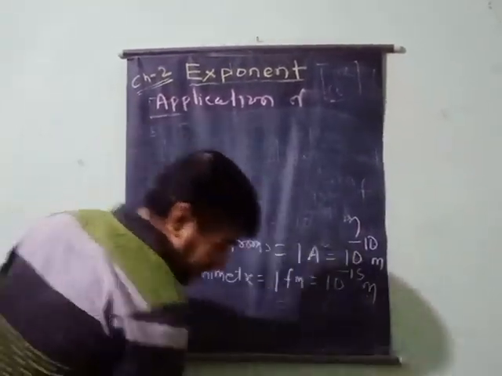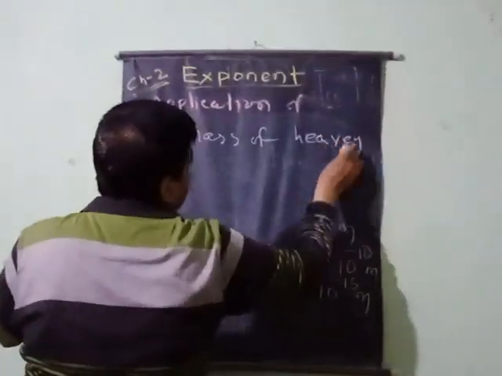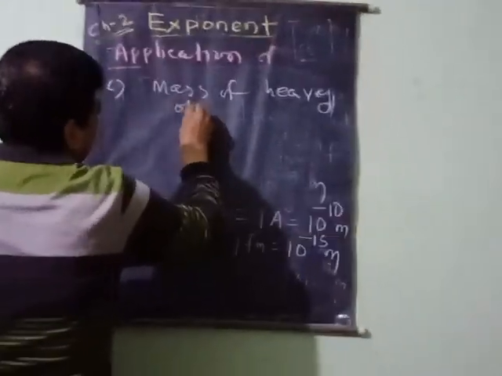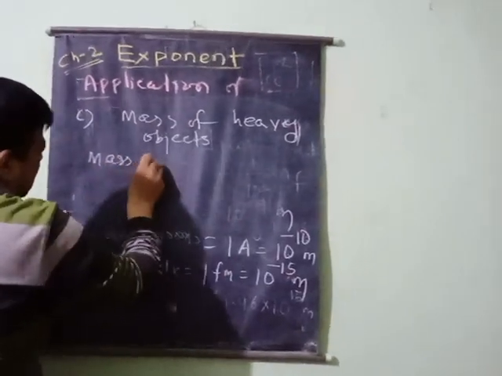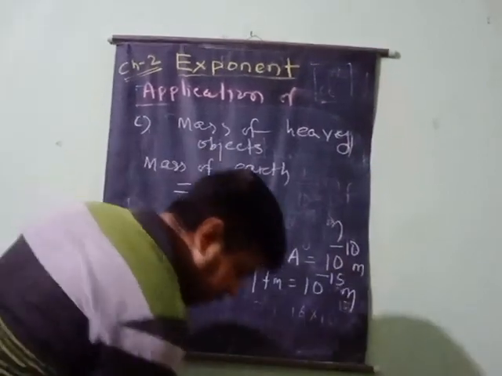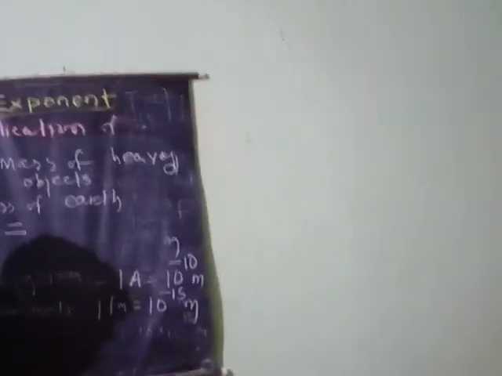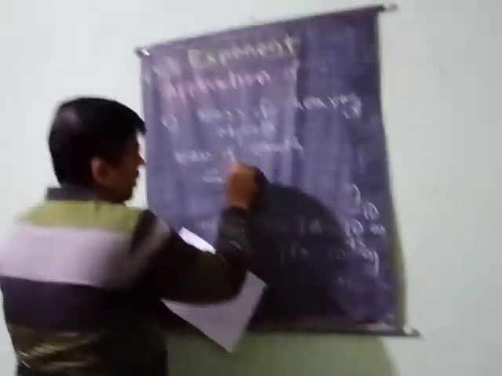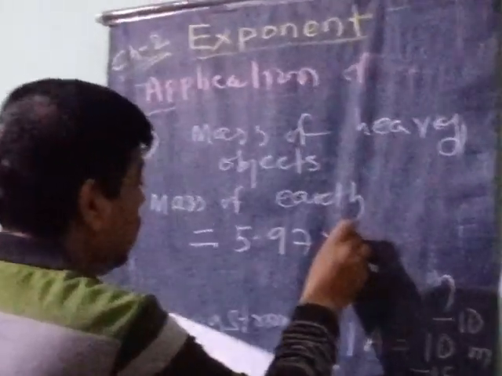Similarly, you see the mass of heavy objects, such as a planet, the solar system, etc. Do you know what is the mass of the earth? The mass of the earth is 5.97 into 10 to the power 24 kg.